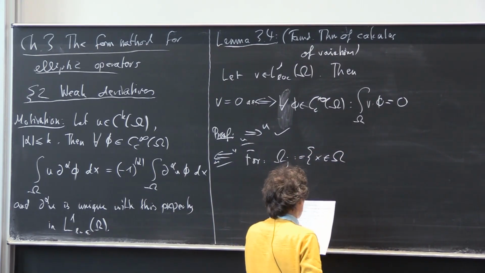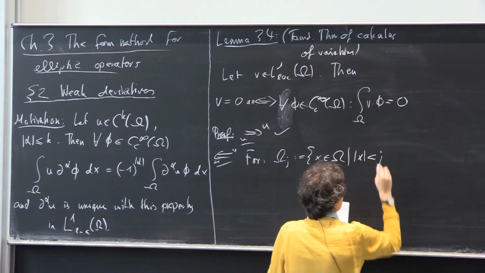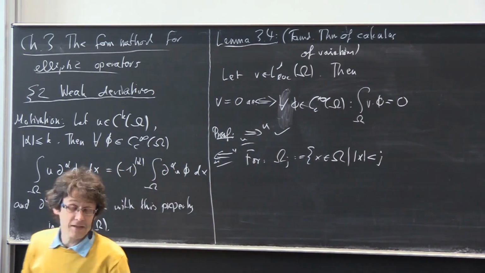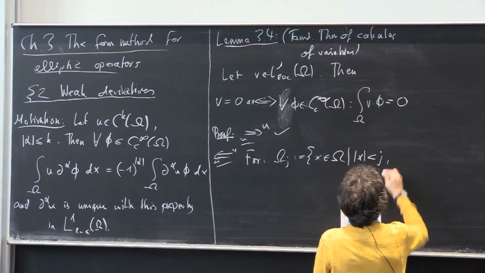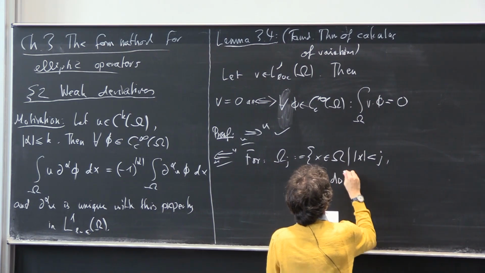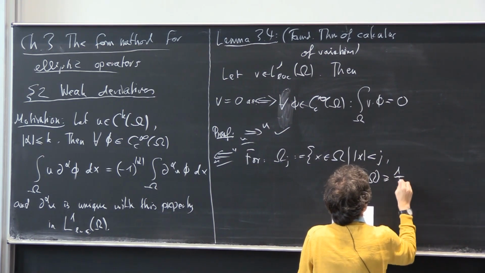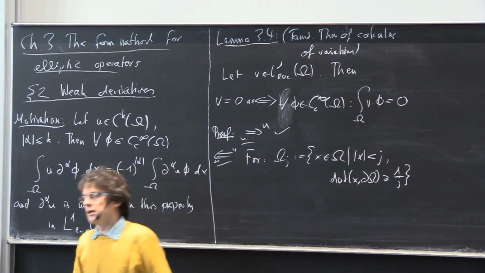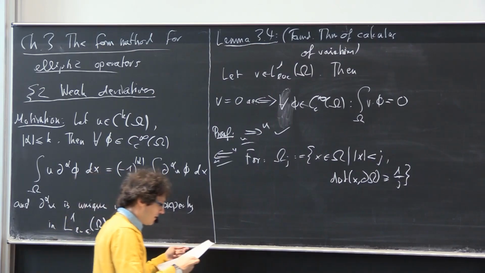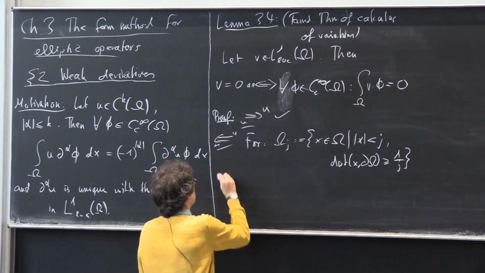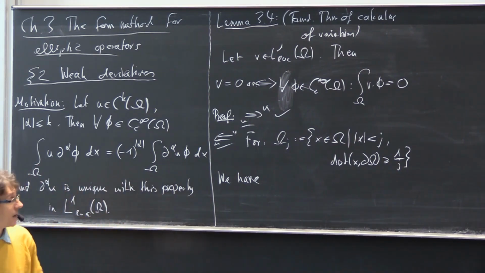So we do the following: we take all x in omega that have a modulus less than j, so are inside a ball of radius j around the origin, and whose distance to the boundary of omega is greater or equal than 1 over j. So we stay away from the boundary and we cut everything that is too far away from the origin. Nevertheless, this omega j is a partition. No, it's not a partition, but it covers our omega.